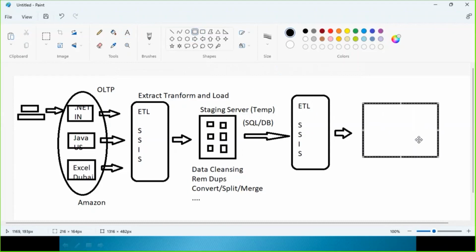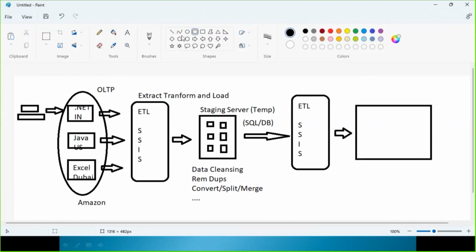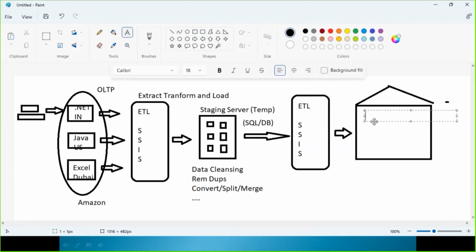This computer is called a data warehouse. So all the data will be going to a bigger server. Server means a computer. That name of the server is called a data warehouse server. It is also a SQL or database management server. It is very, very big server.